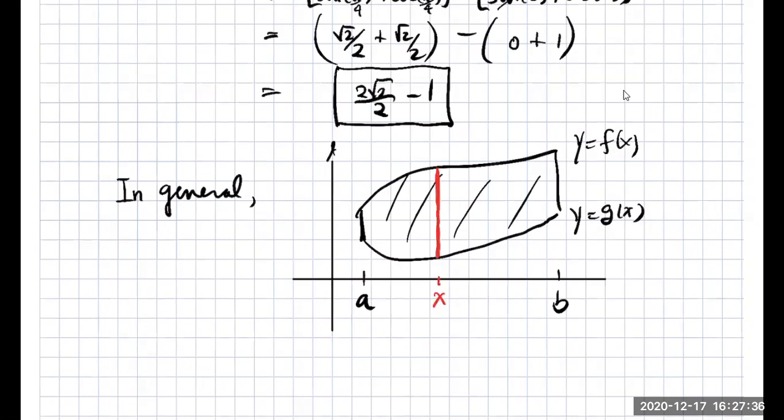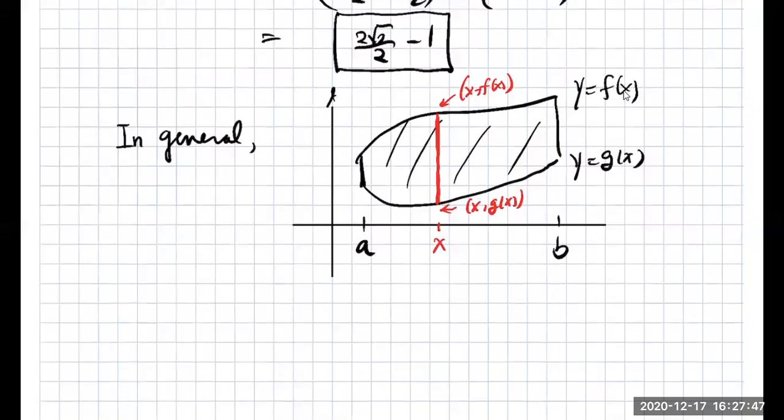Label the top and the bottom of the rectangle. Okay, so this one will be x, f of x. And this one down here will be x, g of x. Okay, then the area of that one rectangle, so the length of the rectangle can be found by taking the difference of the y-coordinates, okay?